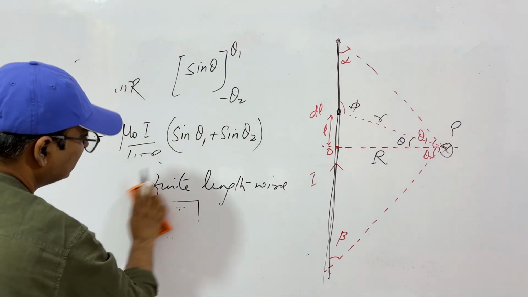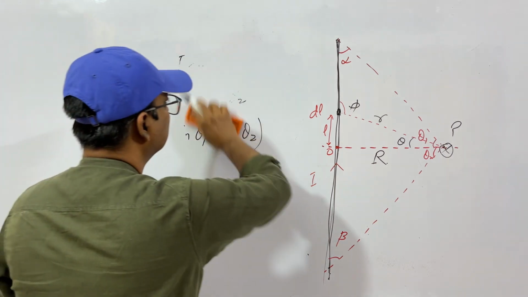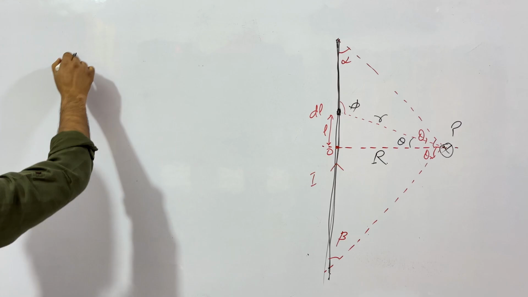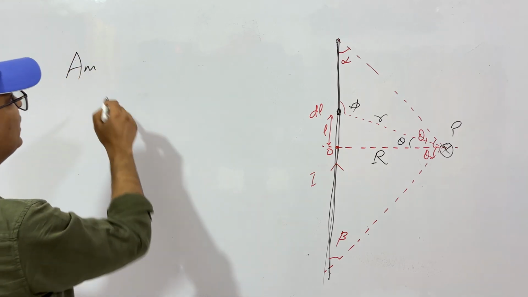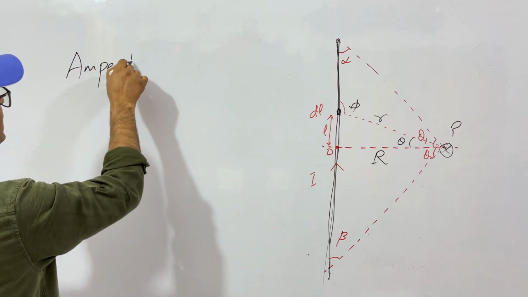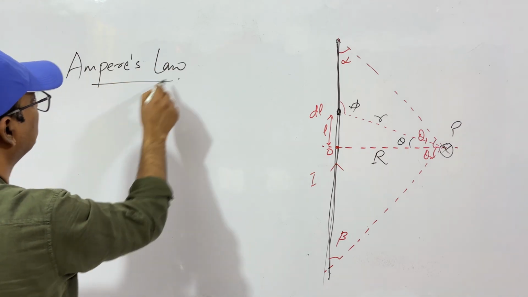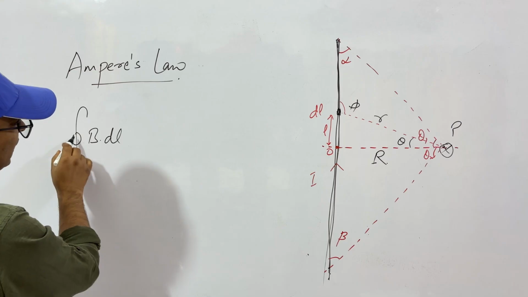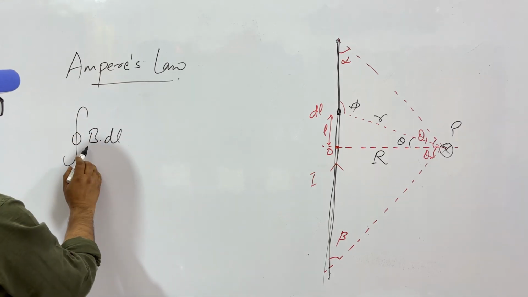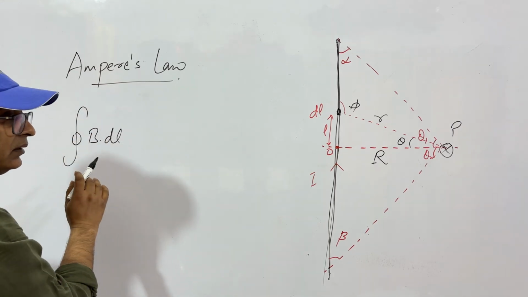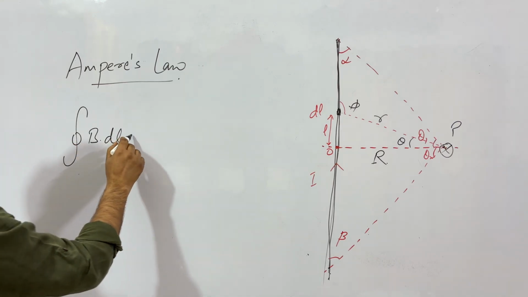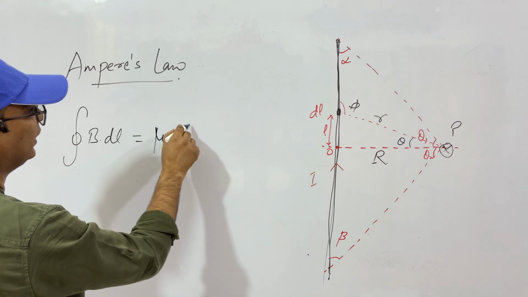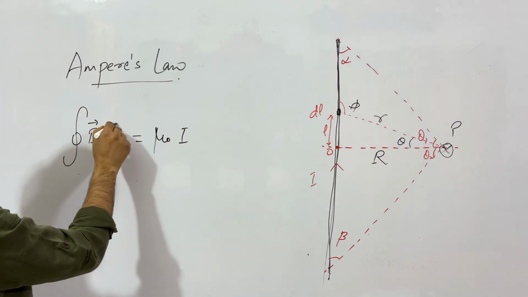In magnetism, or magnetism due to moving charges, we have Ampere's law. It is very similar to Gauss's law. Not the same, it is different, but very similar. What is Ampere's law? Ampere's law states that the closed path integral of B·dl, that is magnetic field into the length of the element in a closed path, is given as μ0 into I. This is permeability, these are vectors, dot product.